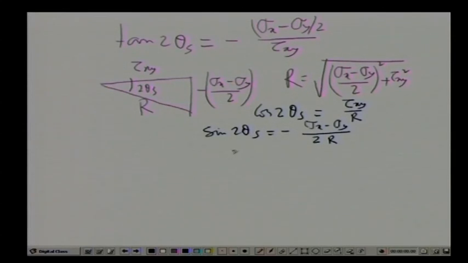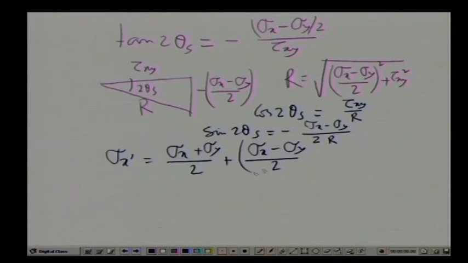Now, if you substitute the values of cos and sin in the normal stress, which is sigma x dashed equals sigma x plus sigma y by 2 plus sigma x minus sigma y by 2 cos 2 theta plus tau x y sin 2 theta.